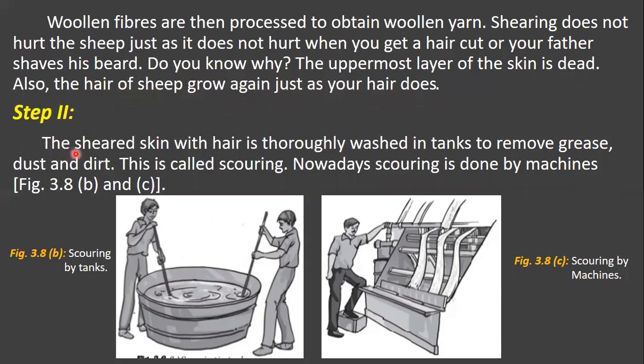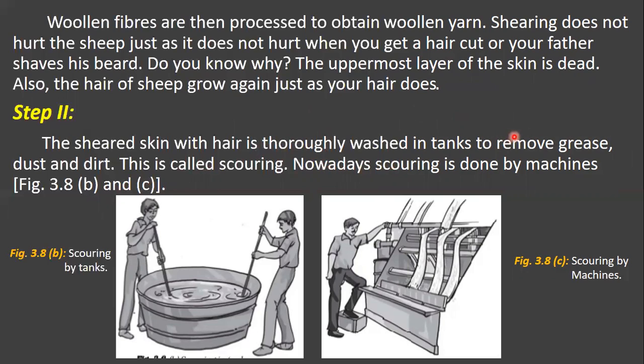Next step is the sheared skin with hair is thoroughly washed in tanks to remove the grease, dust and dirt. Grease means it is an animal fat which is a slightly sticky wax coating.